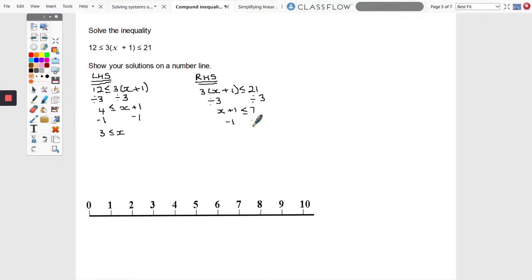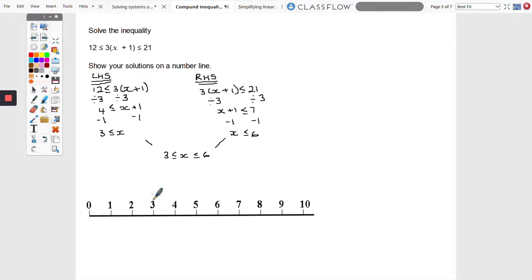And then we're going to subtract 1 from both sides, and that will give us x is less than or equal to 6. And we can now put these two inequalities together into one compound inequality. So 3 is less than or equal to x is less than or equal to 6.